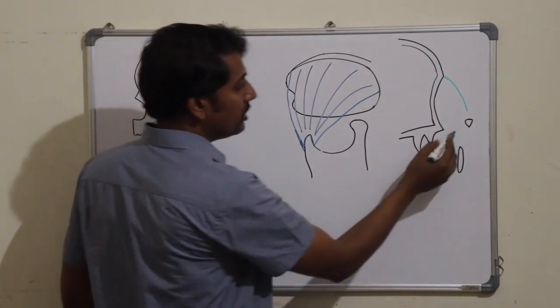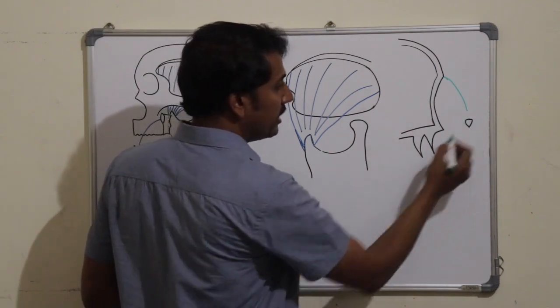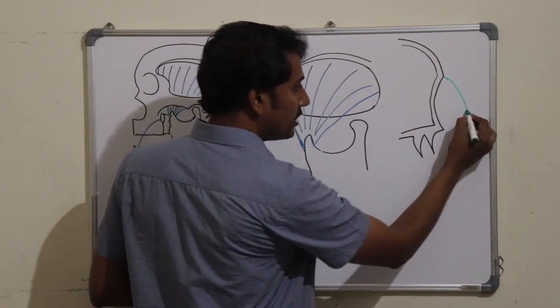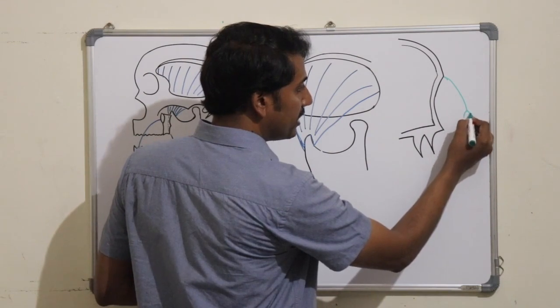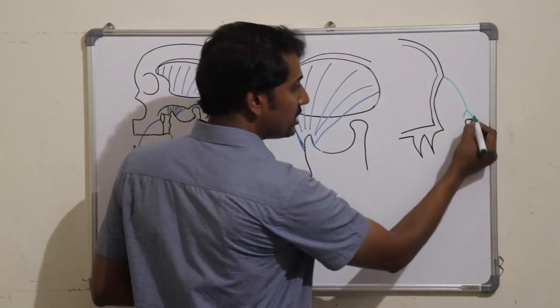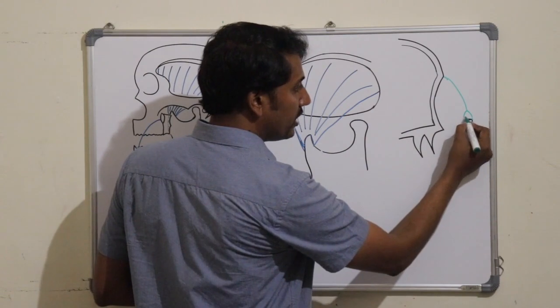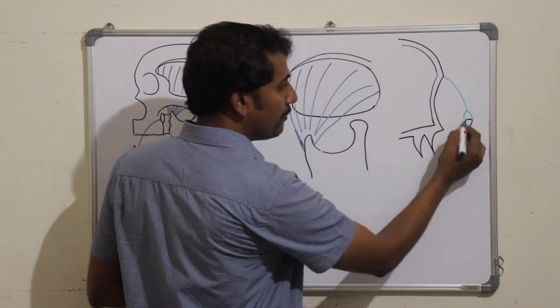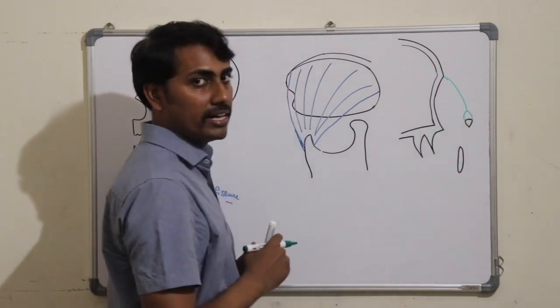Before getting attached to the upper border of the zygomatic arch, it splits into two layers, a medial layer and a lateral layer. Both these layers get attached to the outer and the inner lip of the upper border of the zygomatic arch.